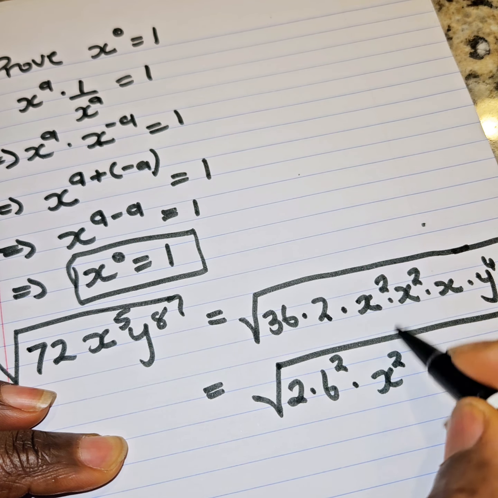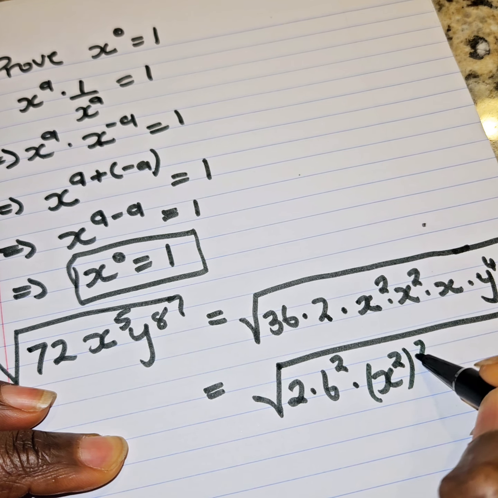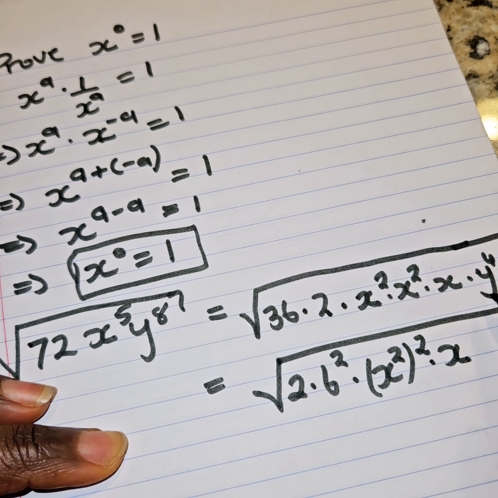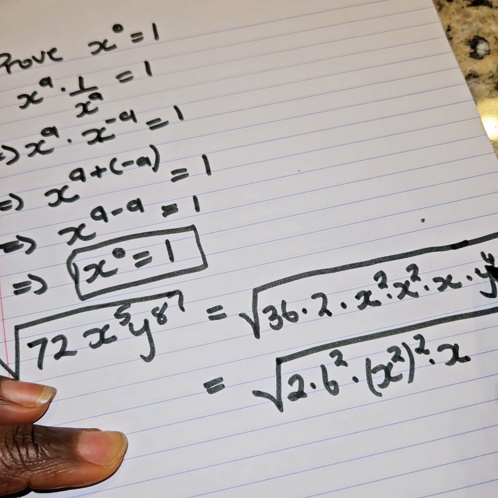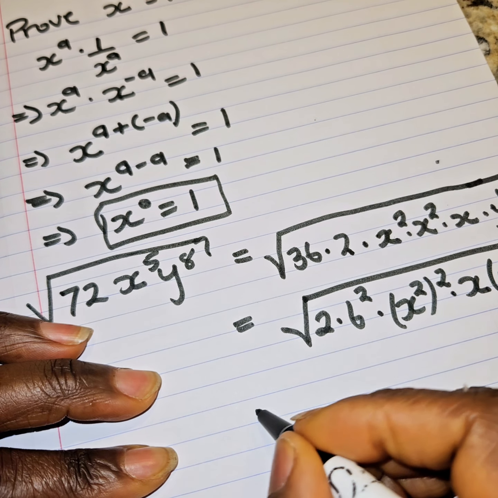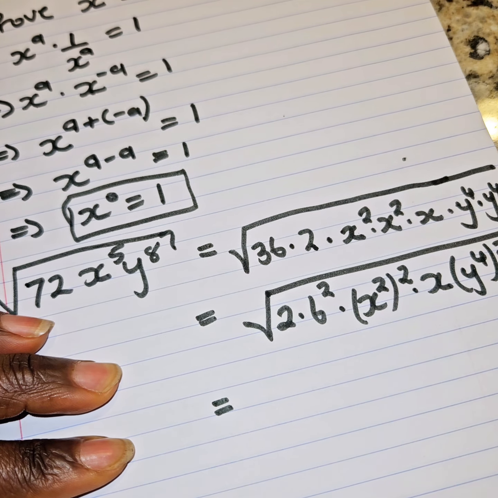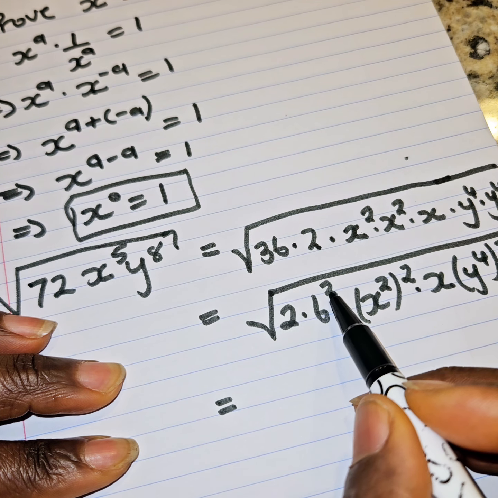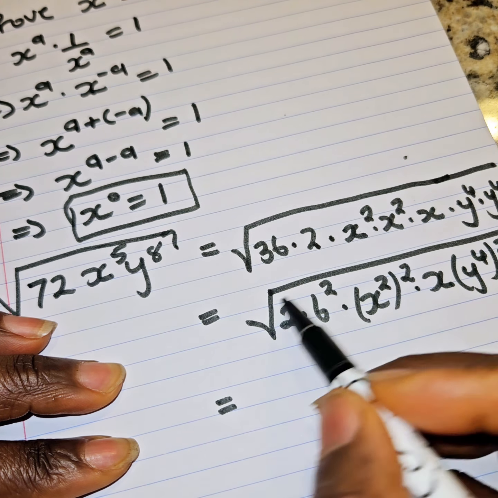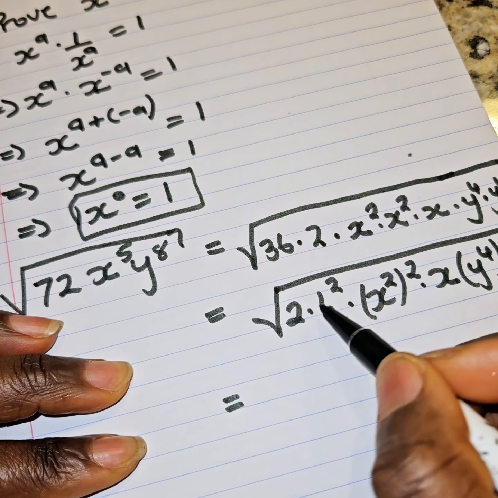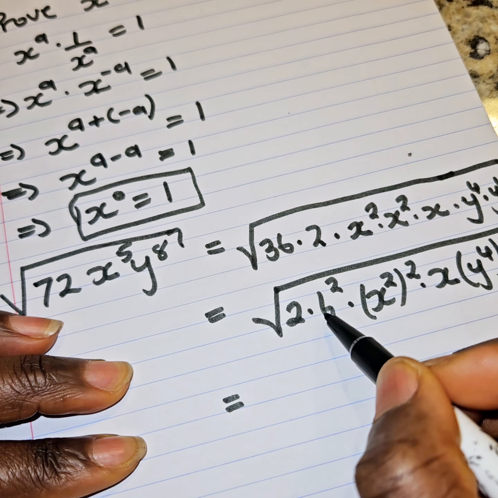Remember, this times this, I could write it as this, times x. And I could write this, there are two of them, as y to the fourth squared. Or I could just see that the square root of 36 is 6.